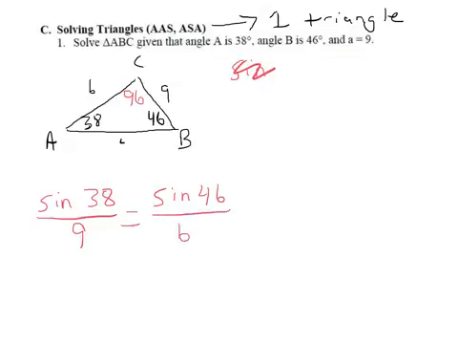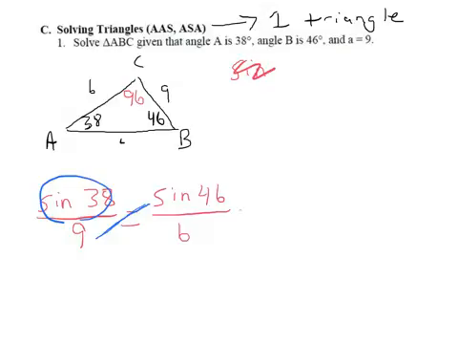If you have your calculator out, you can go through and just make sure you're in degree mode for this, but we have this nifty thing called cross multiply and divide in this situation. So I'm going to multiply these two things together, divide by the remaining piece, and when I do that, I'm going to solve for b. So cross multiply and divide.